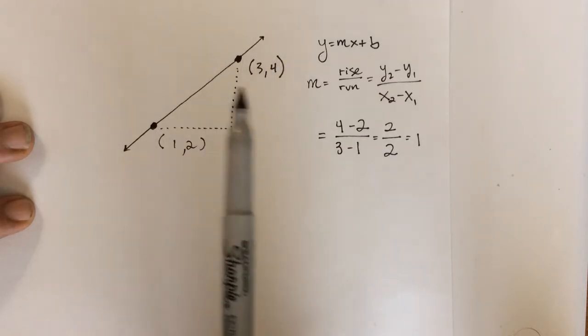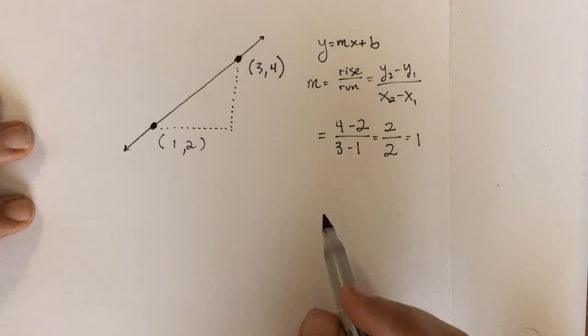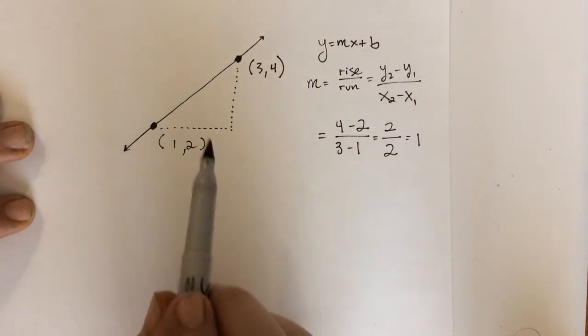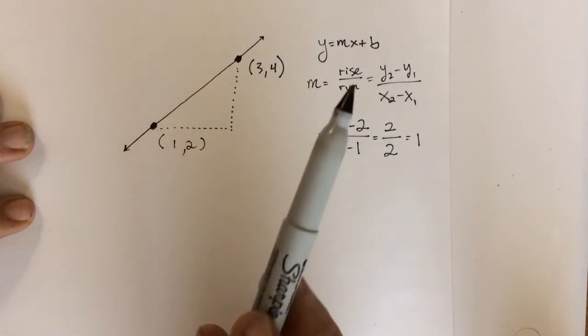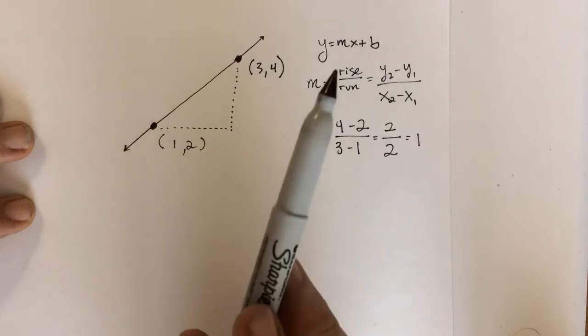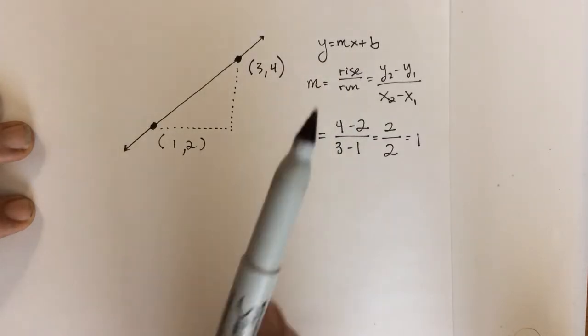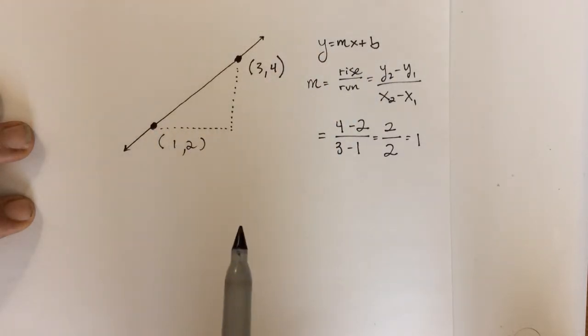So if I plug an x and y value into the equation, then whatever I get out must be true. It has to be true because it describes the relationship between x and y. If it's not true, then it's not the equation of this line, or the point's not on the line.